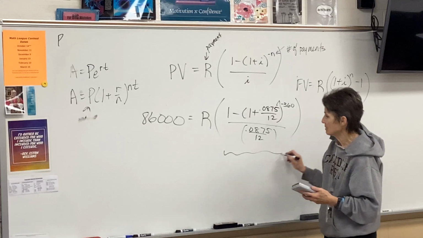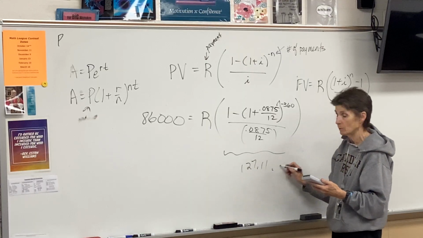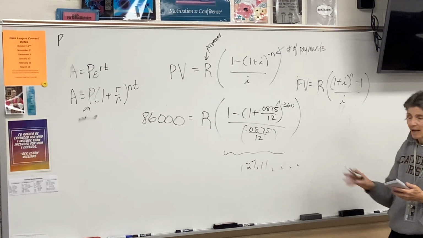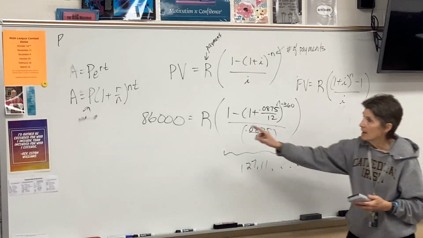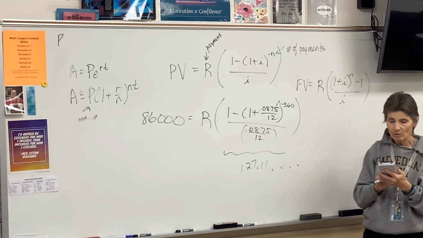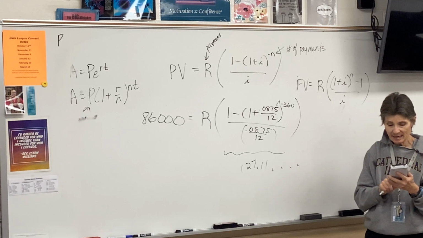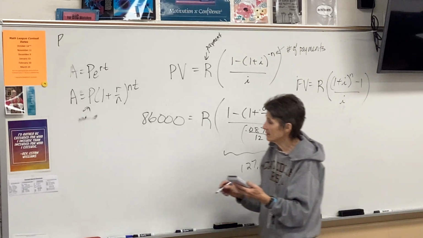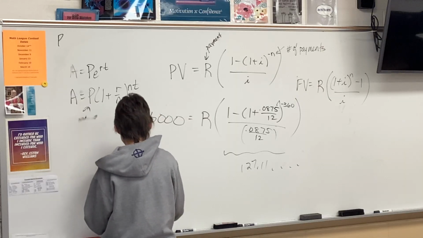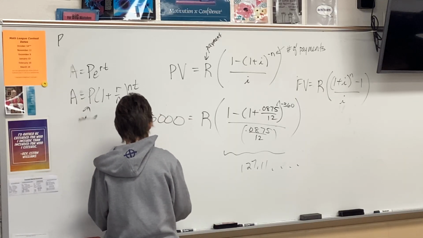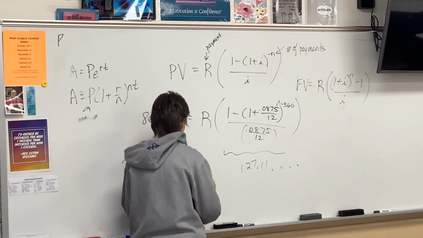And this works out to be 127.11. But that is not the answer. Don't write that down. I need to take 86,000 divided by second answer. And her payments, or his payments, whatever we got going on here, is $676.56.